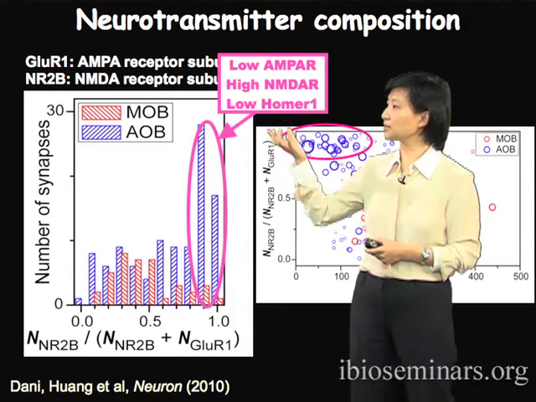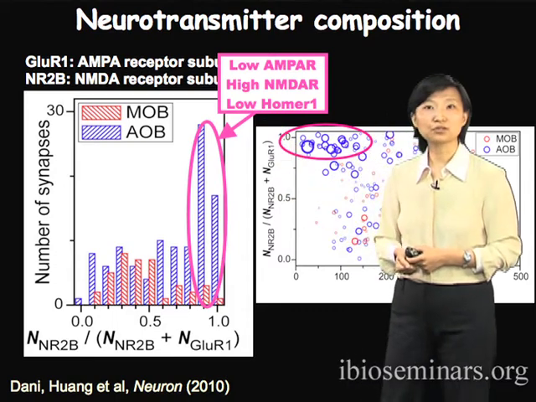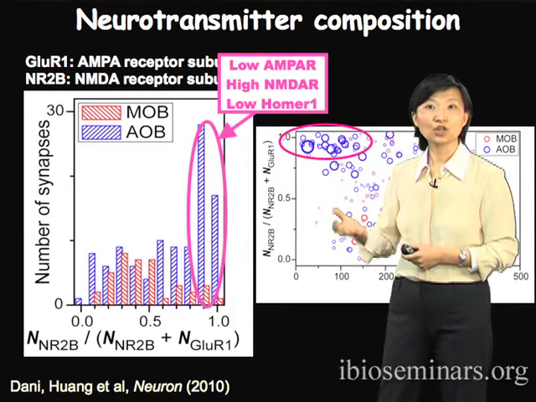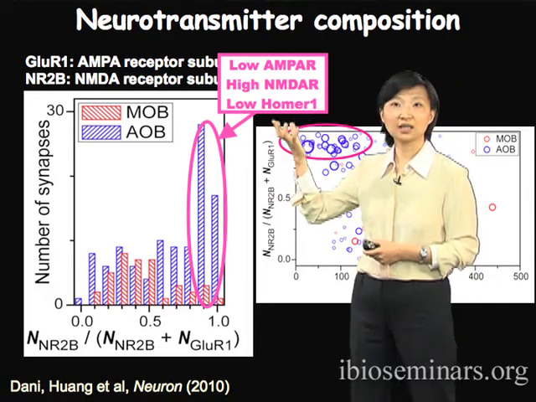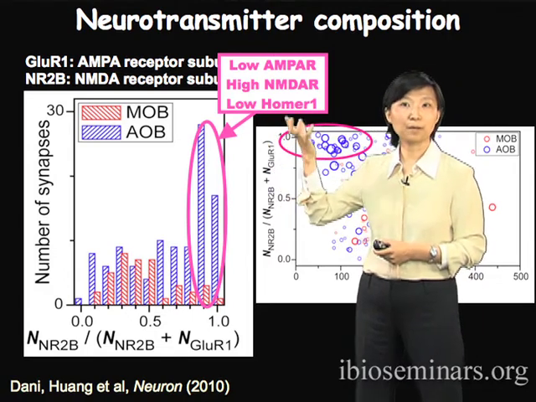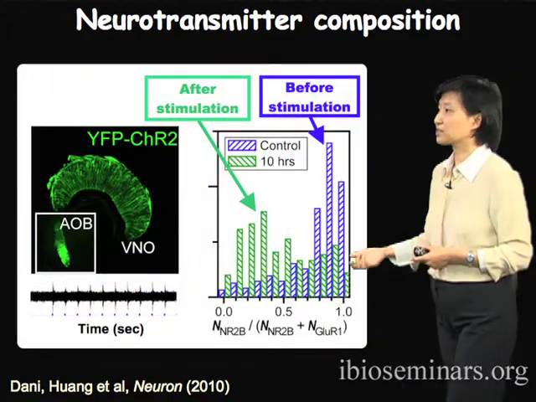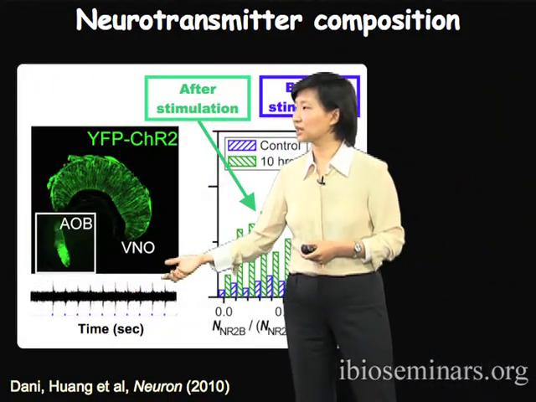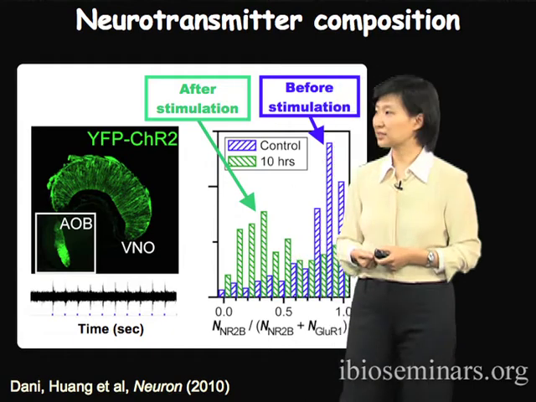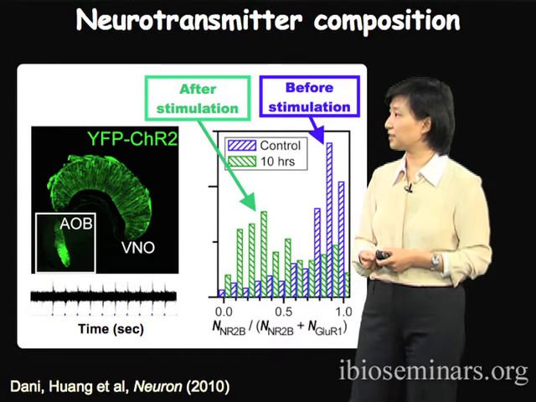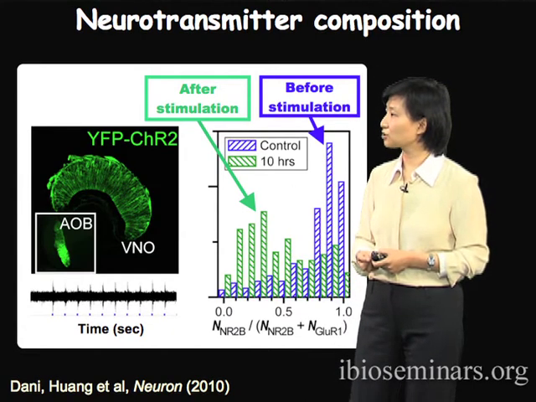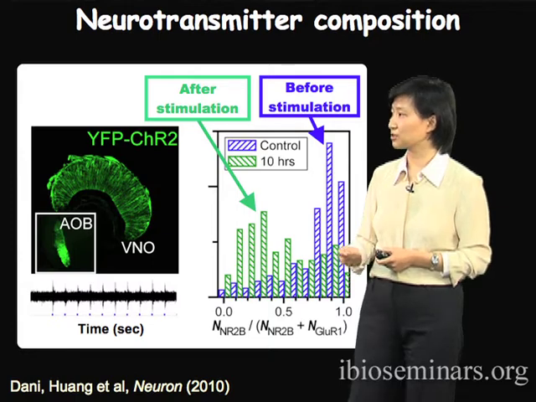So to see whether these potentially immature or silent synapses could be converted into mature ones by stimulation, we utilized this wonderful optogenetics technology pioneered by Karl Deisseroth's lab at Stanford University.